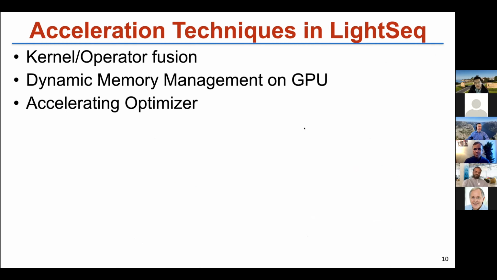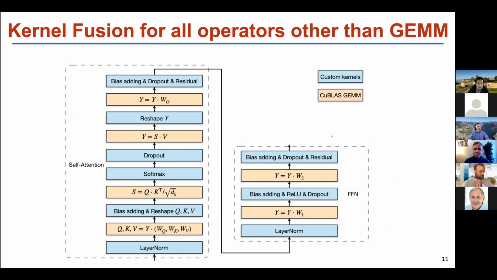There are 3 major techniques that are very important for the LightSeq improvement: kernel operation fusion, dynamic memory management on GPU, and optimizer acceleration. In the computation of a transformer, there are 2 types of computation.